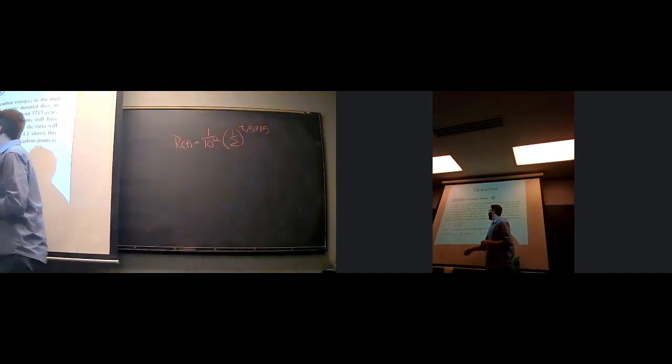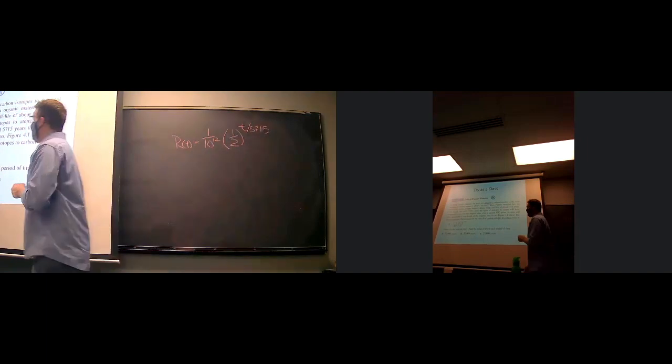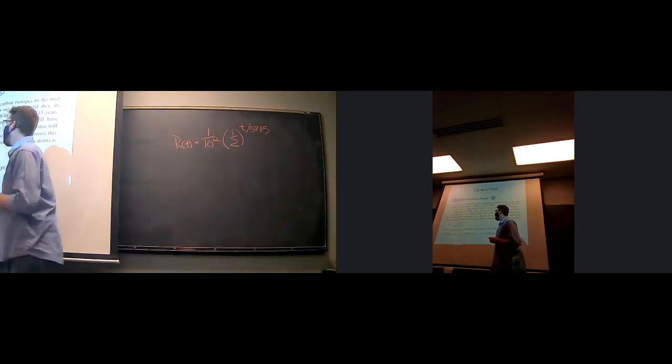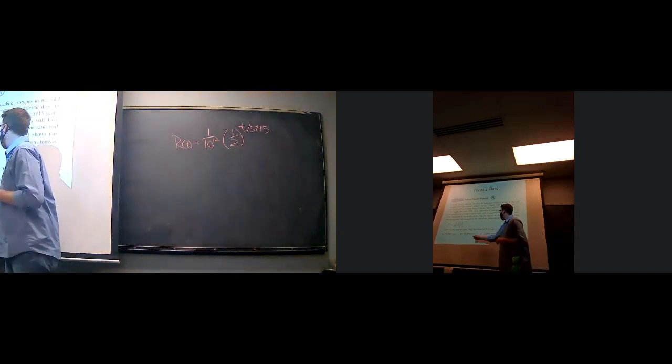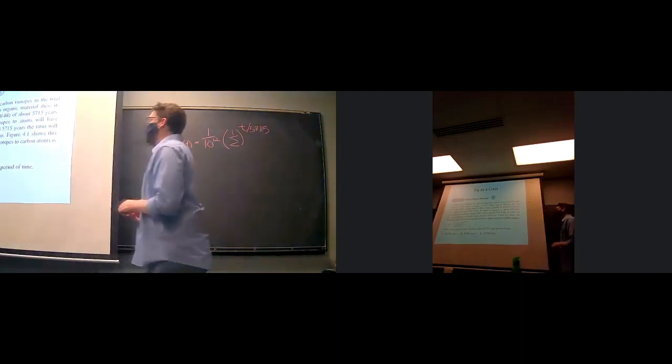Given this, we want to find out what the ratio is going to be for different years. So if something's been deceased for 10,000 years, 20,000 years, 25,000 years.